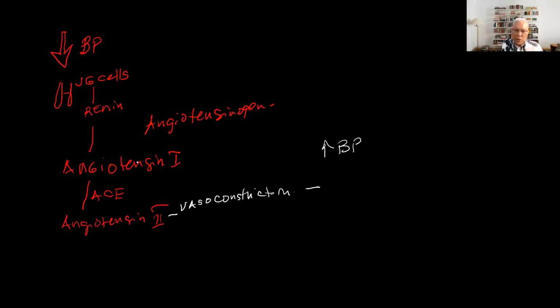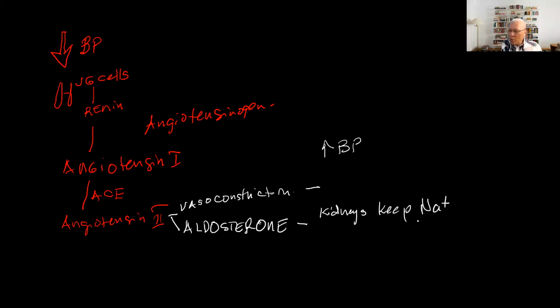The adrenal cortex will be stimulated to release a substance called aldosterone. Now, aldosterone will cause the kidneys to keep sodium. And if it keeps sodium, it will also keep water.